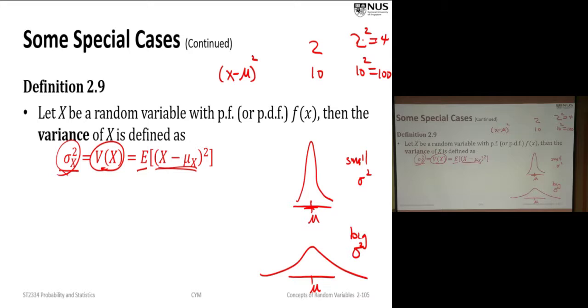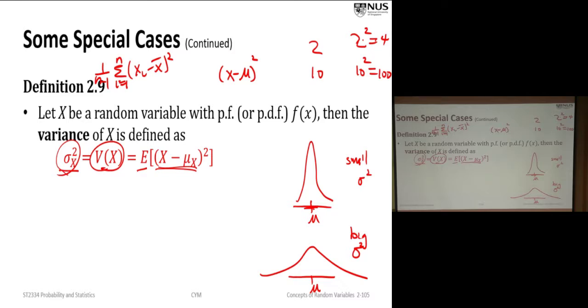Then, if you remember, you have this formula called sample variance. This is for a sample. It's not for the population. Here we're talking about the population, which is represented by the random variable x.